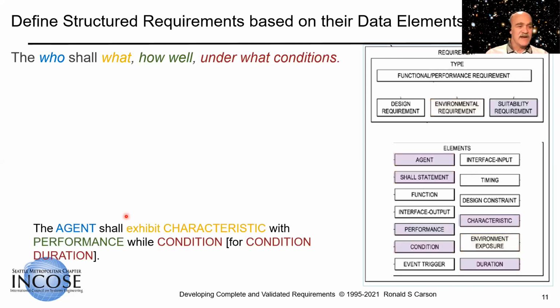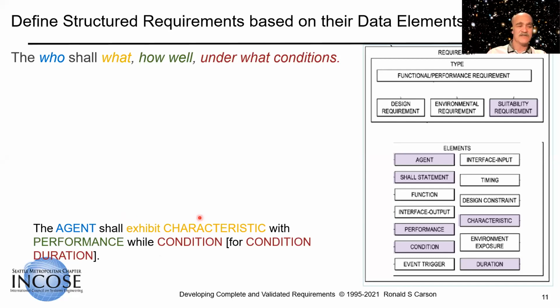And then the last type is the suitability requirement type. Again, it has a characteristic, but these might be more specific, like related to safety or availability or reliability or maintainability or transportability, with a certain performance attribute and a mandatory condition statement. So this is almost getting to look like the functional performance type, but it's missing the inputs and outputs kinds of things.